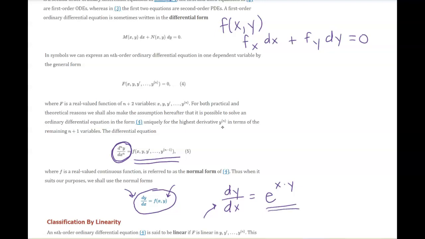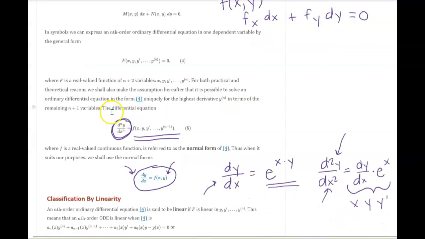You might also have something like the second derivative is equal to the first derivative times e to the x. That would then be a second order differential equation. And then I have a function in terms of x, y, and y prime, one derivative smaller on the right-hand side.